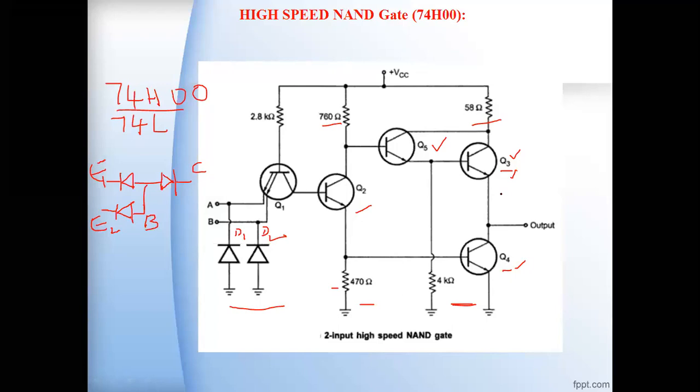But in this circuit, the first part has a multi-emitter transistor with a protective circuit, and the second stage has a phase splitter circuit, which is formed by the transistor Q2 and the surrounding resistors 760 ohm and 470 ohms.